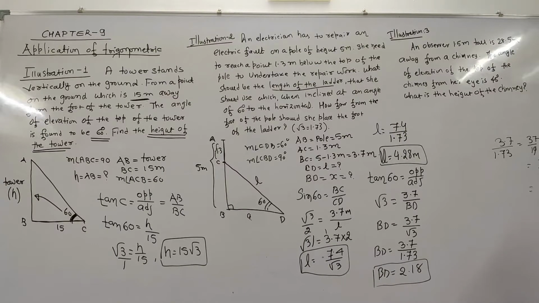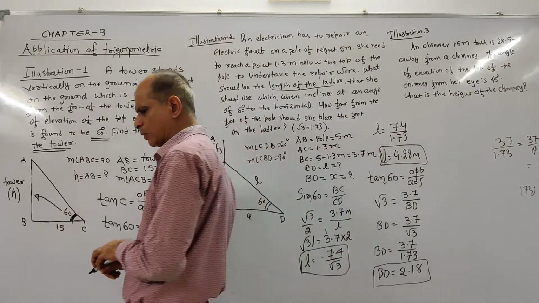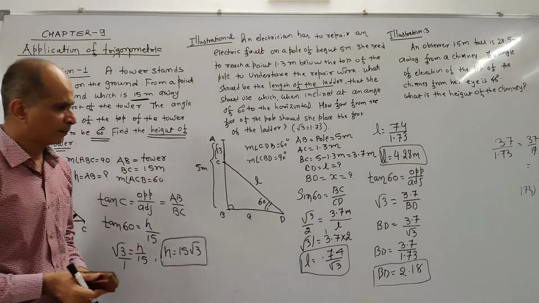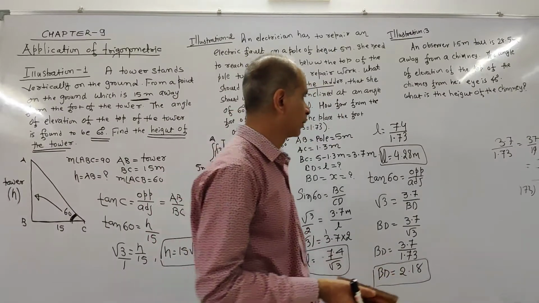If you divide 370 by 173, you get 2.18. So your final answer is 2.18. In this way you can put the value of root 3 as 1.73 and find the value of BD.